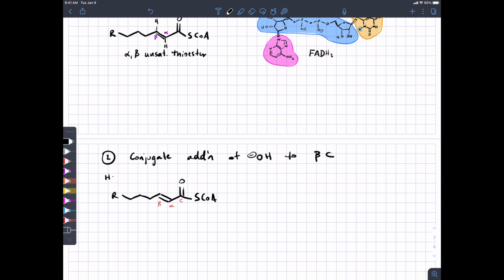The enzyme is going to remove a proton from water so that OH minus can attack the beta carbon, and we will break the pi bond and the electrons will go on the alpha carbon.